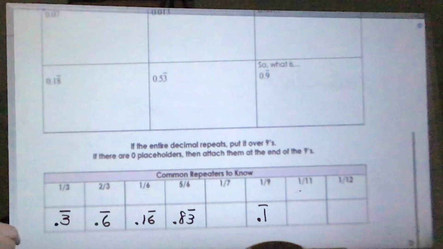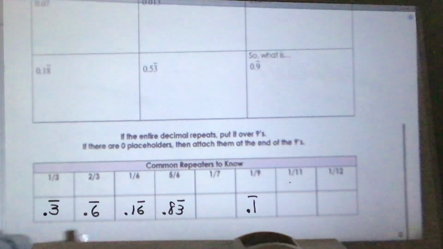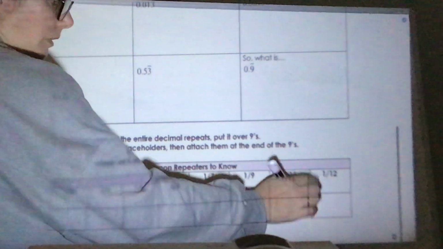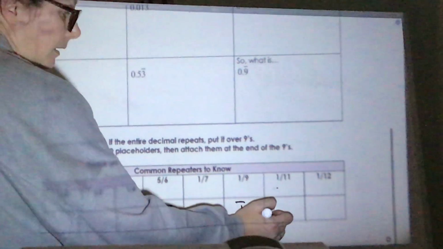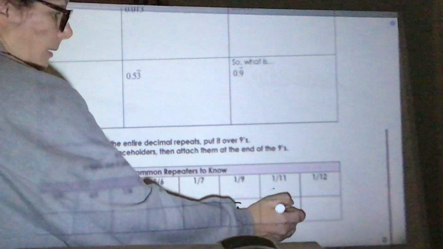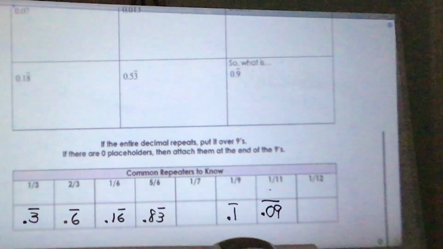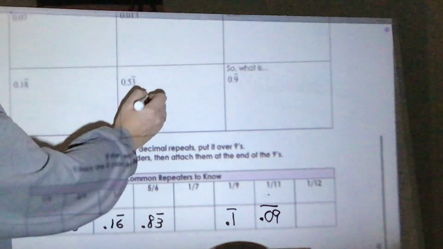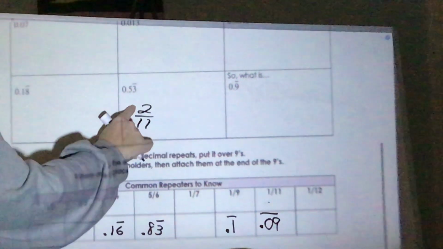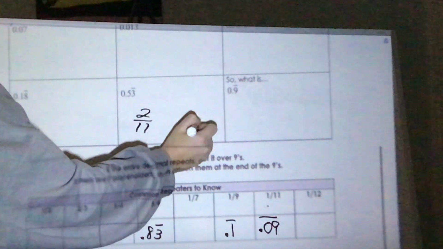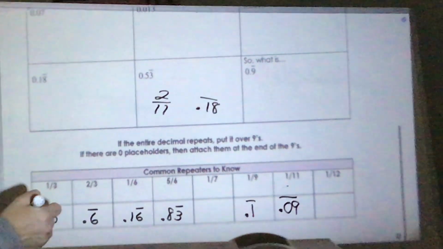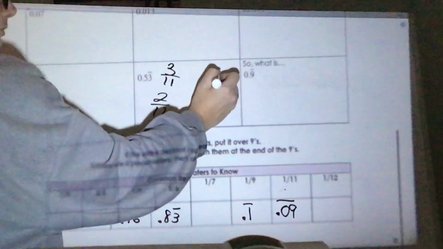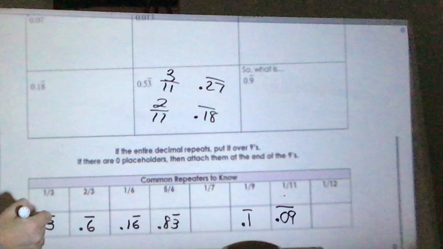There's a nice trick for the 11s as well. 1/11, if you take your numerator and multiply it by 9, and make it a 2-digit number, it's that number repeated. So 1/11 is 0.09 repeated. 2/11 would be 2 times 9, which would be 0.18 repeated. 3/11 would be 3 times 9, or 0.27 repeated.